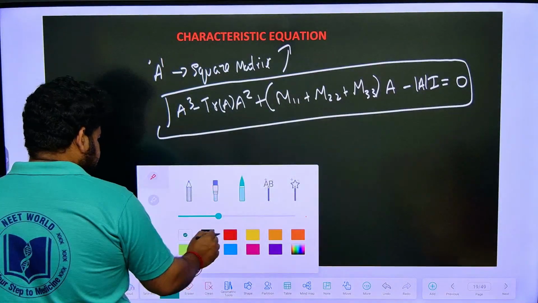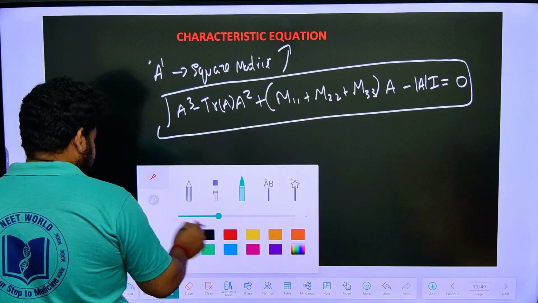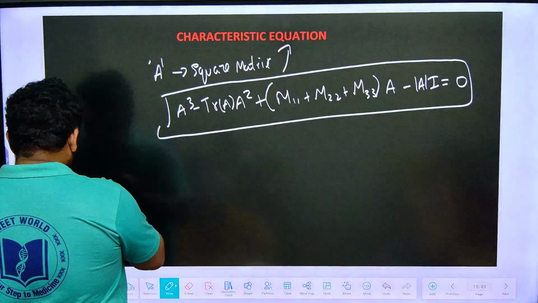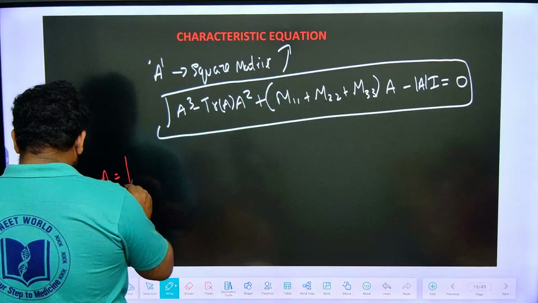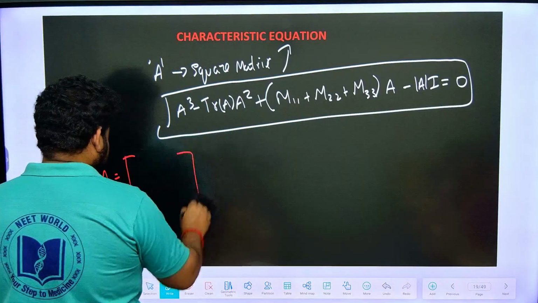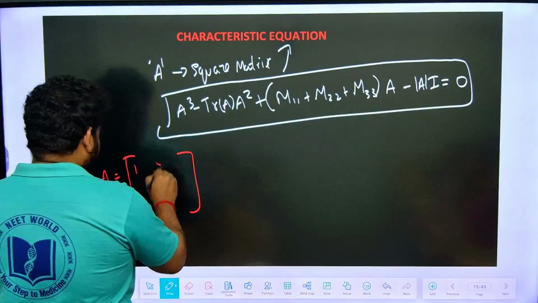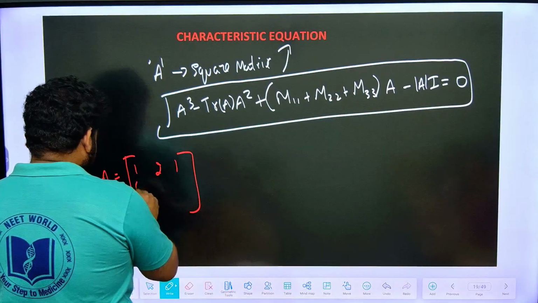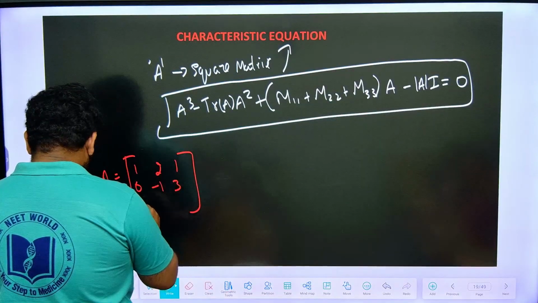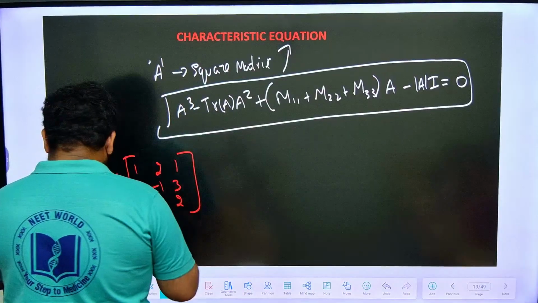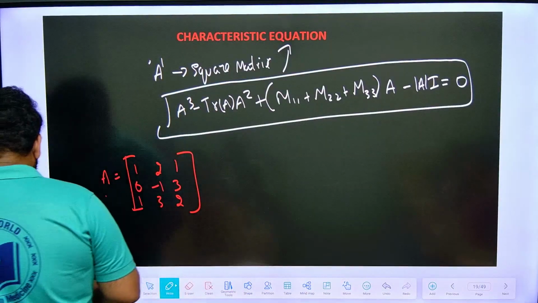Let matrix A be equal to 1 2 1, 0 minus 1 3, 1 3 2. Let this be the matrix.